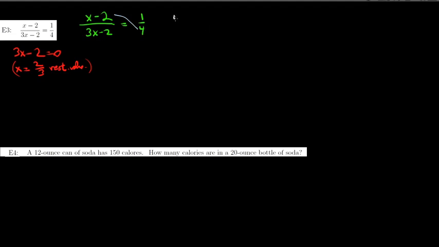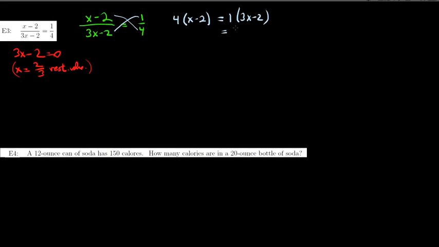So this is going to be 4 times x minus 2 on the left, and that's going to equal 1 times 3x minus 2 on the right. Again, 1 times 3x minus 2 is just 3x minus 2. And then distribute the 4: 4 times x minus 4 times 8.